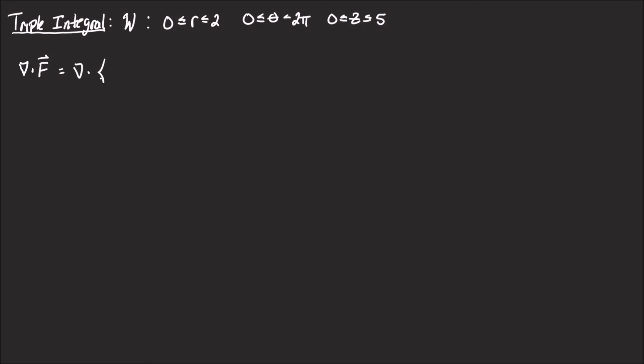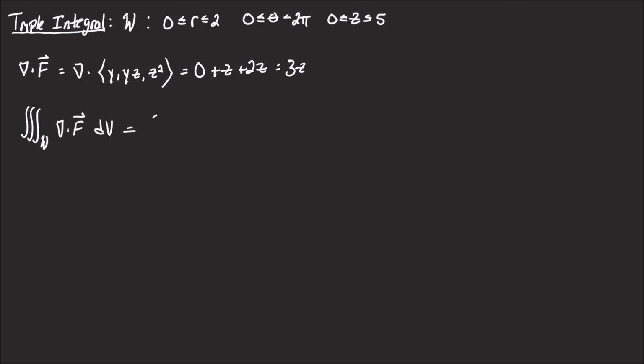Now we just need the divergence of F. Right, so the divergence of y, yz, z squared will be 0 plus z plus 2z, which is just 3z. So our triple integral over W of the divergence of F becomes the triple integral over W of 3z.